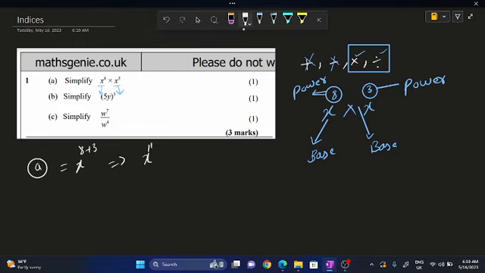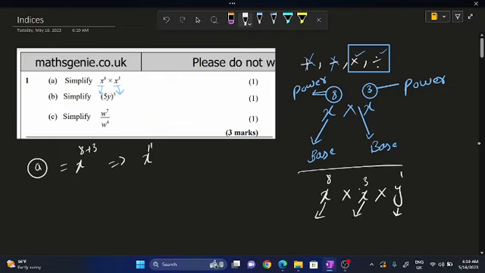If I would like to change this question with another example, for example, I have x raised to the power 8 times x raised to the power 3 times y raised to the power 1. Now you can see this x and this x are the same, but this y is different.